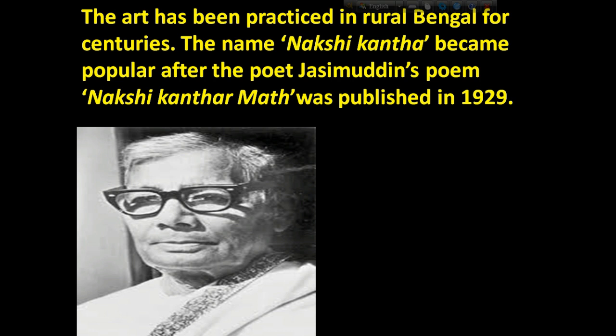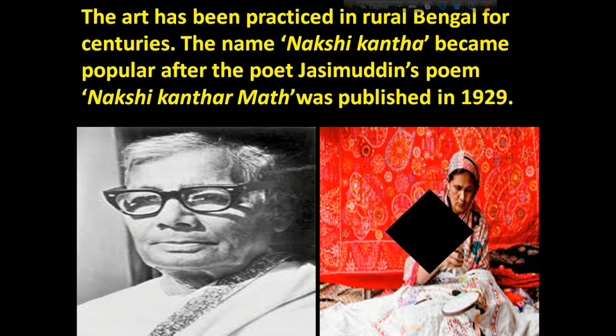That was published in 1929, and from then all the people of Bangladesh knew about nokshikatha. And in picture number 2 we see that the village elderly people use old or new clothes to make nokshikatha. That means nokshikatha is very popular with the people of the villages.